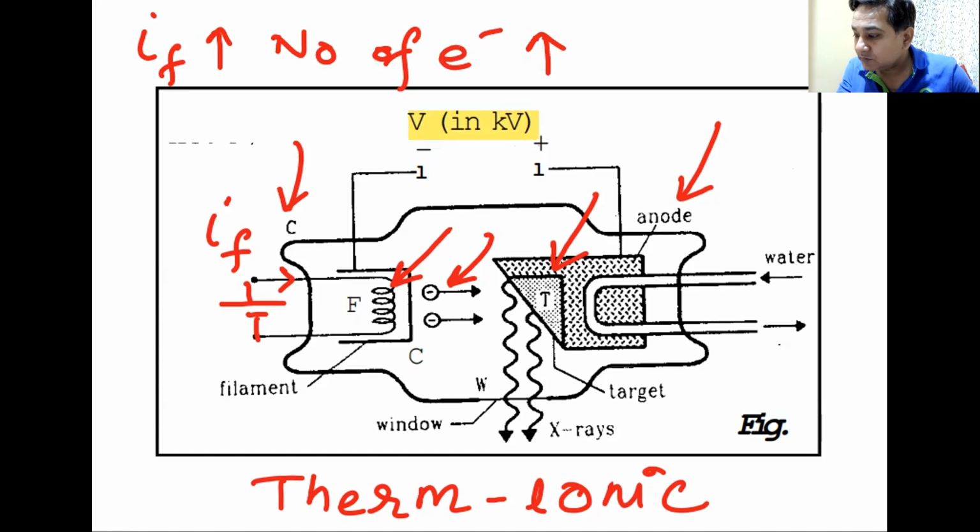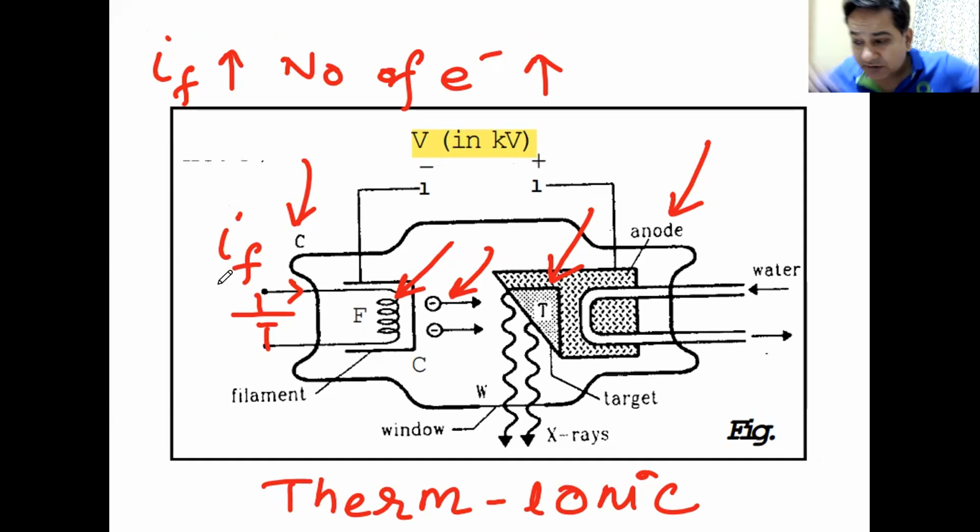Everyone, please raise your hand that we understand this. When the filament current increases, filament voltage increases, I have more electrons. Yes or no? Yes, sir. Okay, now let us look at the second point.